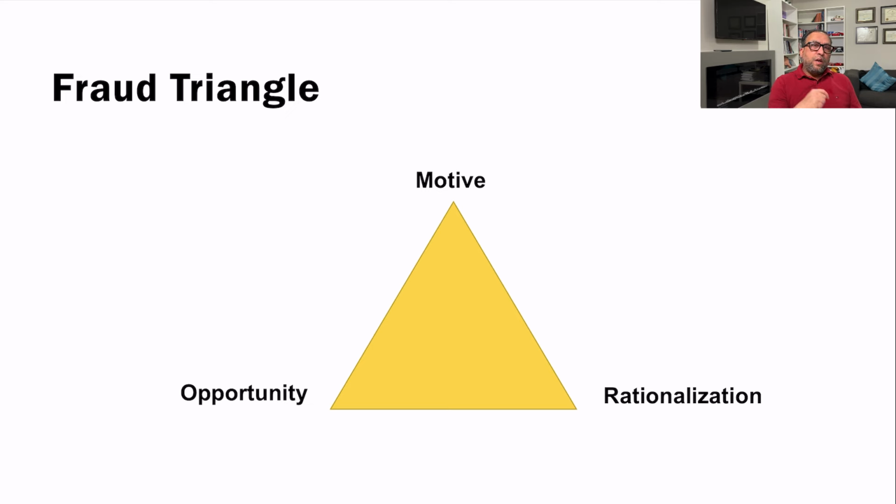So if there is a motive and an opportunity, then as human beings we have a nature that we don't like fraud, because the inner conscience of the human being always tells us that this thing is correct or this thing is incorrect. But in order to satisfy this inner sense, we create a rationale, which we call the rationalization of a fraud.